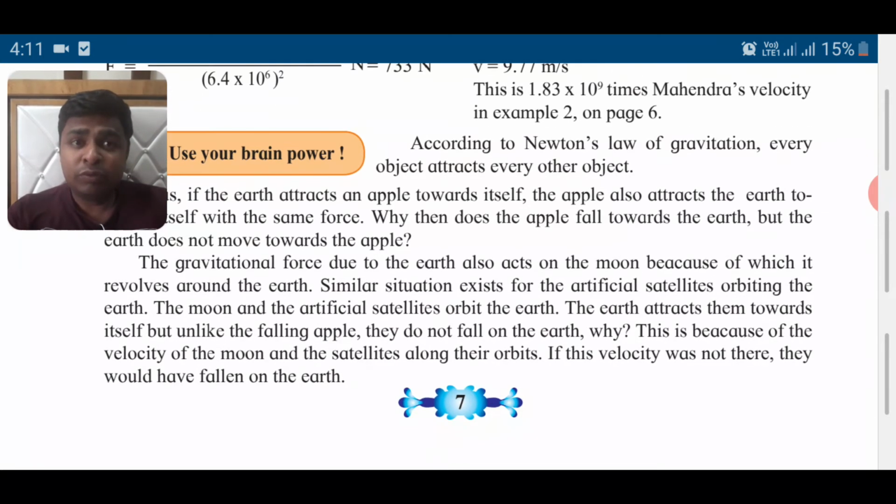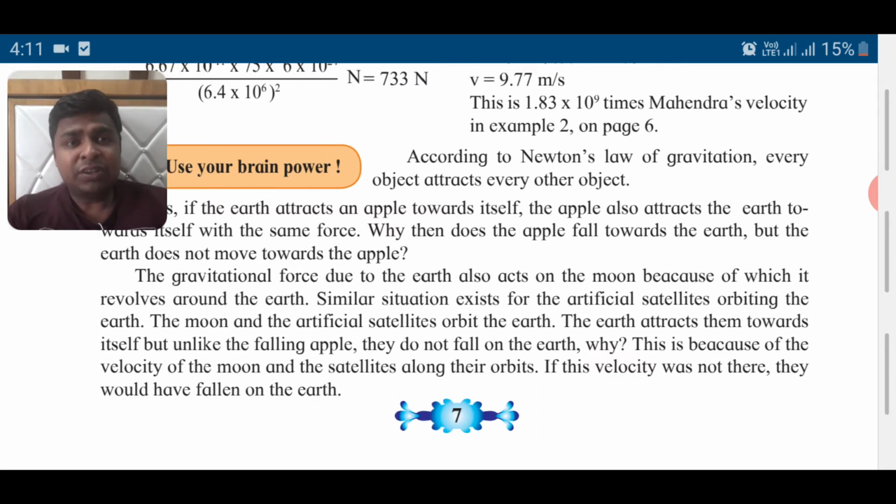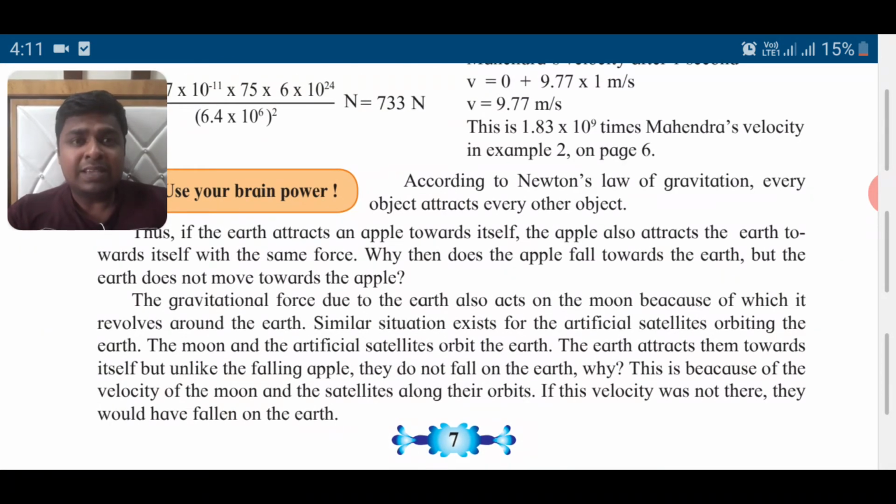So they should move towards each other, and that really happens. But the velocity of the Earth is very small, as Earth is a massive object, very large. It has very large inertia. So to move the Earth, a lot of force is required. And when the apple is pulling the Earth towards itself, we don't see Earth going towards the apple. Instead, we see the apple coming towards the Earth.